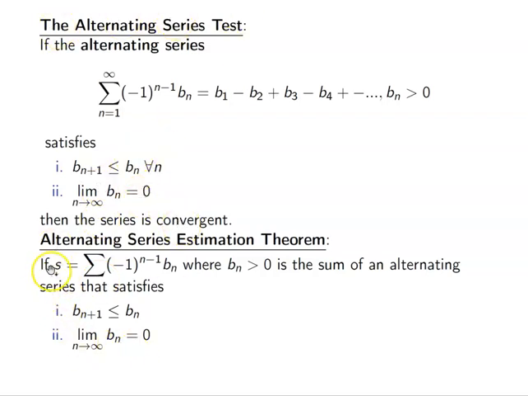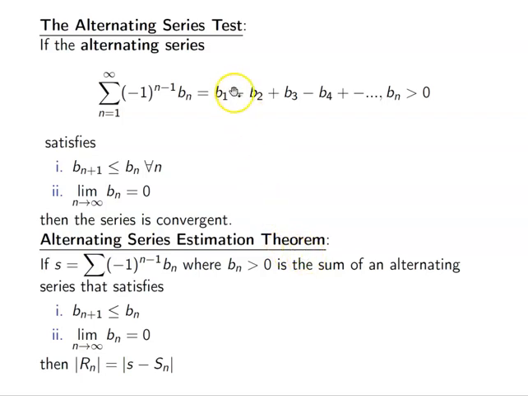So if I have an alternating series that converges to a value s, then r_n, which we call the remainder, is my series subtracted from its partial sum up to s_n. Now we're putting absolute values here because this series is alternating.